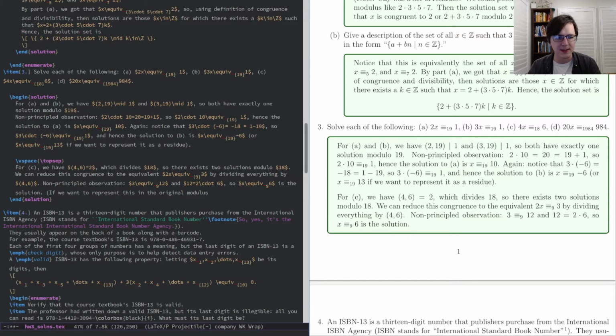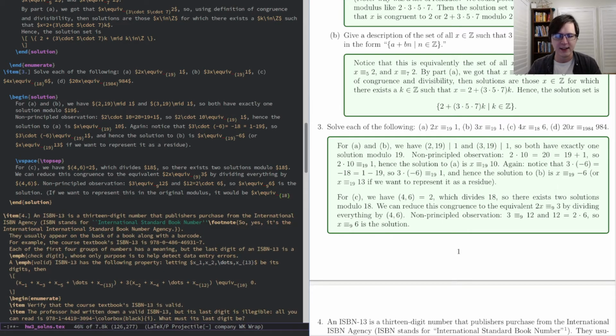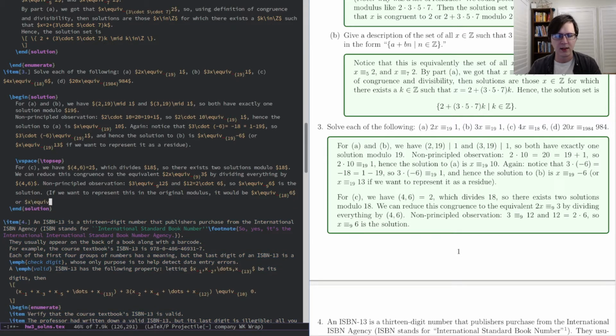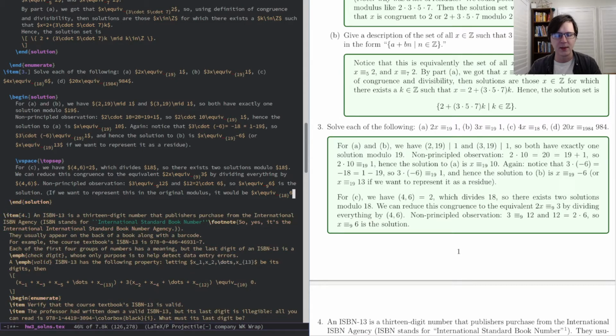If we want to represent this in the modulus, it would be x is congruent mod 18 to 6. Well, we usually write x equals 1, 2, 3 in solutions. So 6 plus 9 is 15.